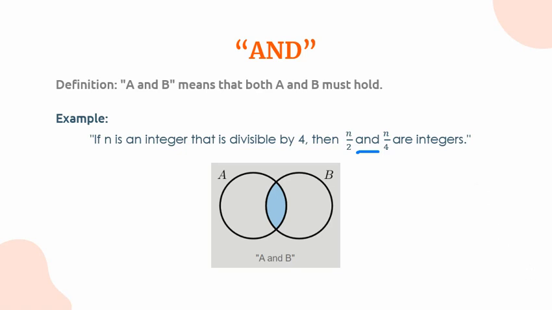All right, so if n is an integer that is divisible by 4, so kung mayong divisible by 4, pwede siya ma-multiply ani nga number, or pwede siya ma-divide ani nga number. Then n over 2 and n over 4 are integers.